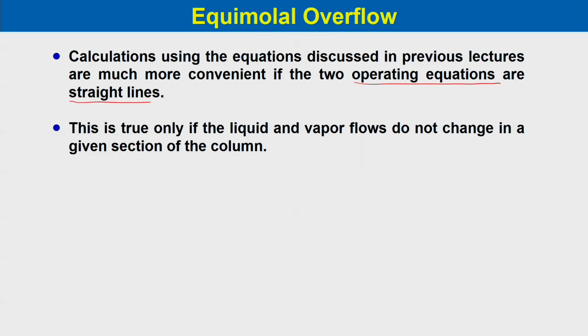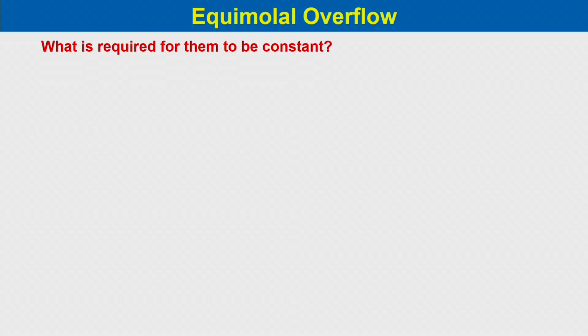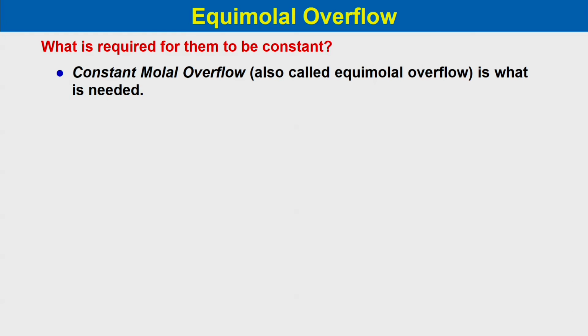This is true only if the liquid and the vapor flows do not change in the given section of the column. Then what is required is that the vapor and the liquid flows remain constant.